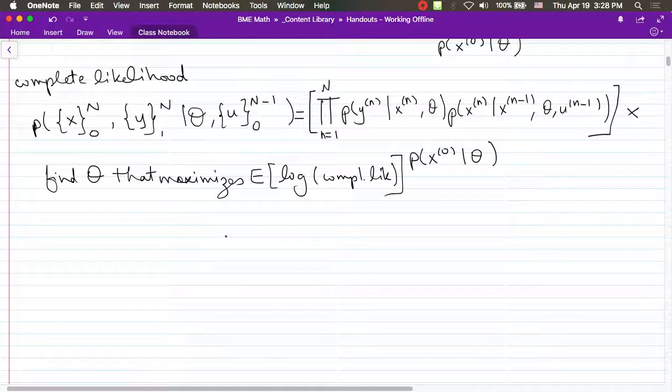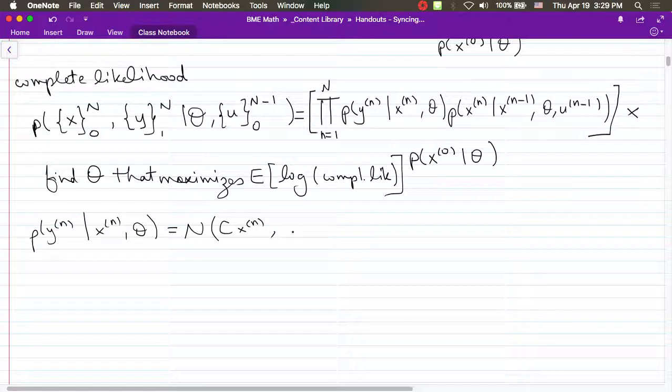So let's write down some of these things that we've been describing. This probability here, the probability of y of n given x of n and theta, is a normal with mean c x of n and variance R. And so what is that? That's 2 pi.